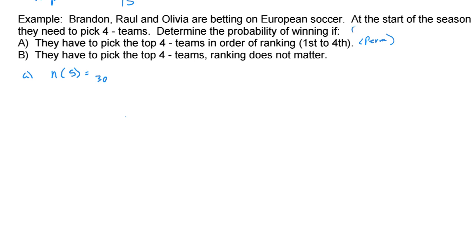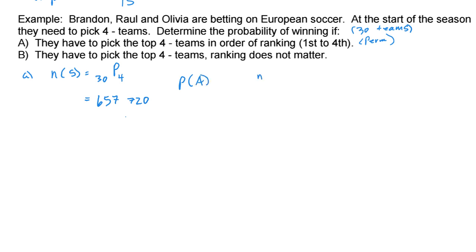So 30 teams. We start with 30 teams, and then we pick them in descending order. So 30, then 29, then 28, then 27, which is just 30P4, which gives us a total of 657,720.